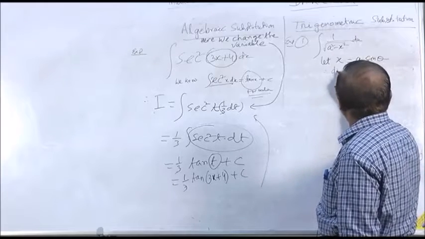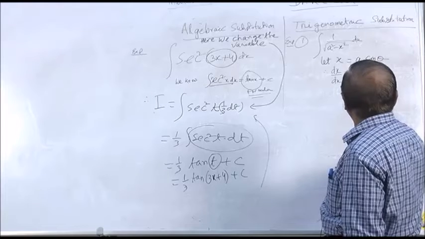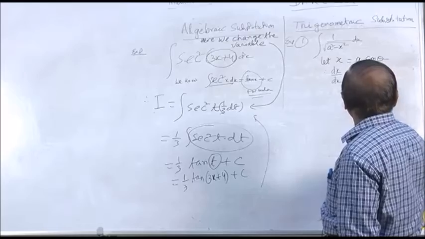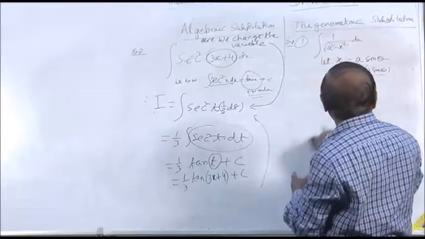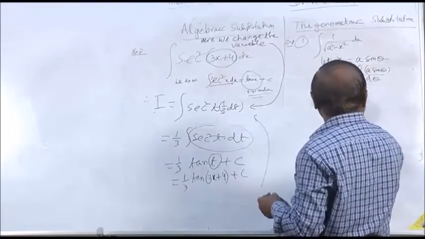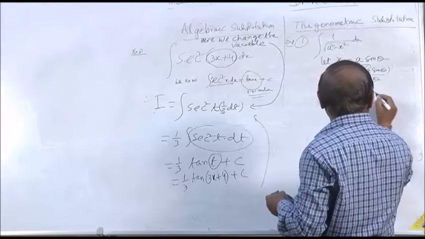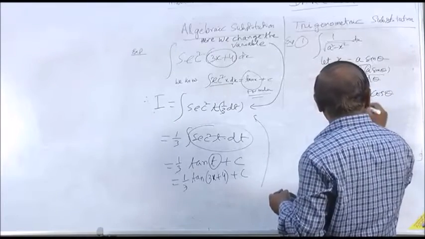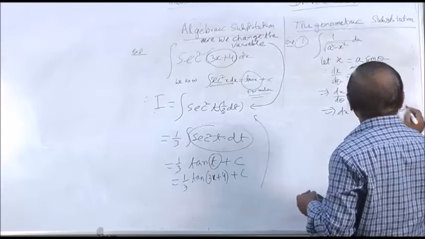Therefore, dx by d theta is equal to the derivative of sin theta, that is, a is taken out, cos theta. So what is the value of dx? This becomes a cos theta d theta.